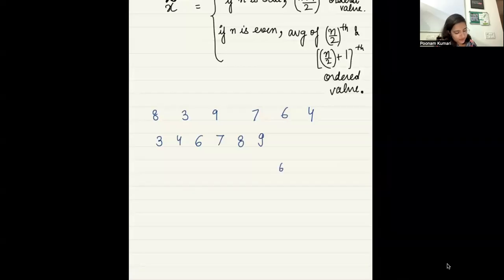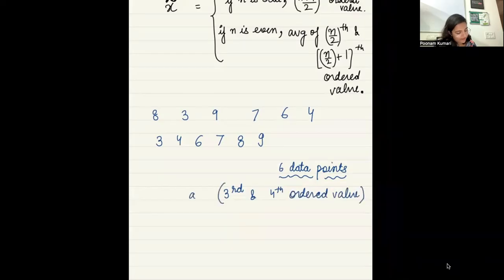You have 6 data points. So here n is even. So what will be your median? Since this is even, you have to take the average of n by 2. What is n by 2? 6 by 2 is third. So you have to take the average of third and n by 2 plus 1, which is 3 plus 1, which is fourth. So third and fourth ordered value, you have to take the average of that.